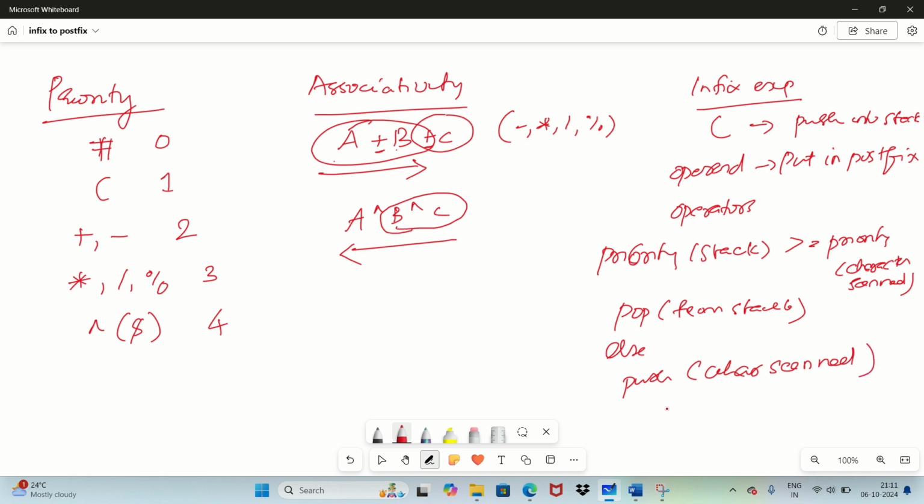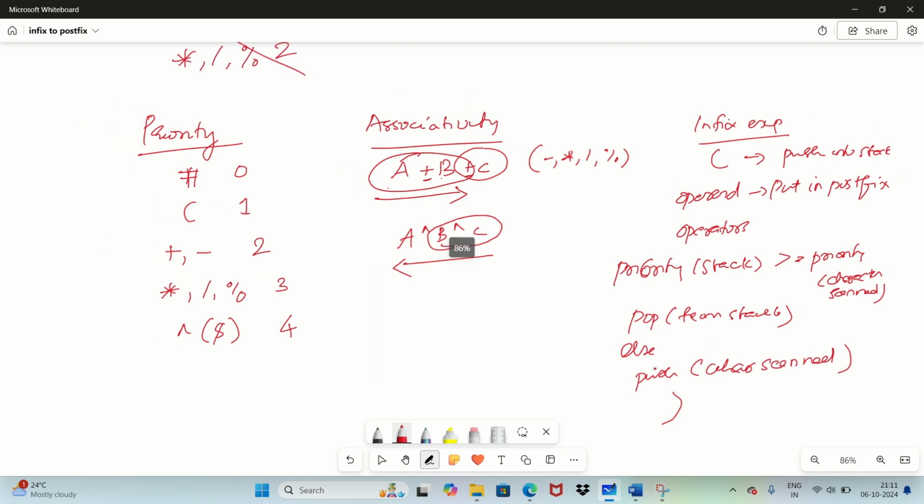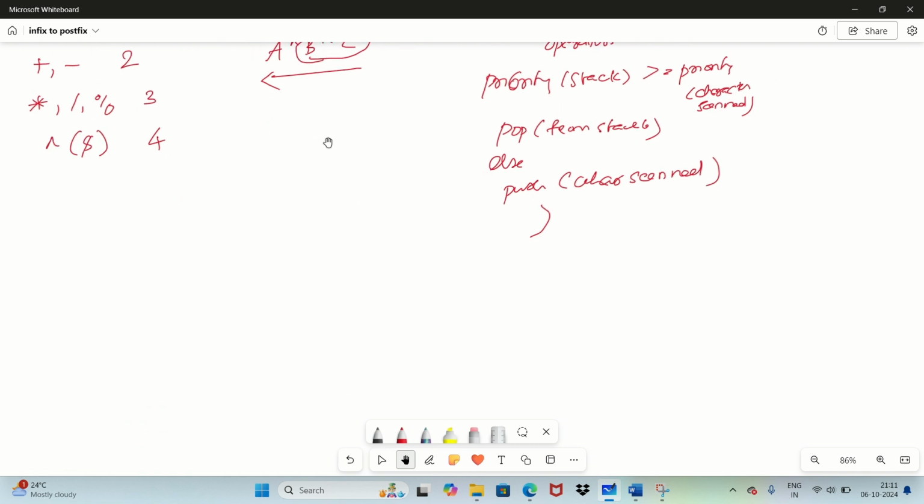Finally, if you encounter the closing brace, you have to find the first opening brace in your stack and pop all the elements.